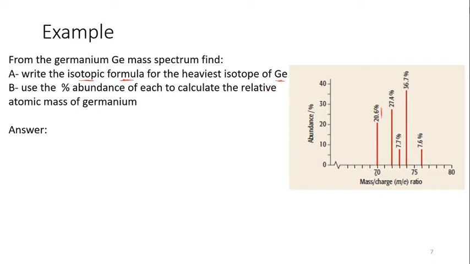If I look at the heaviest, that would be this one, which is 76. So the formula for that would be germanium-76. And if I want the relative atomic mass of germanium in general, I use the percentage abundance of each of them to calculate it.